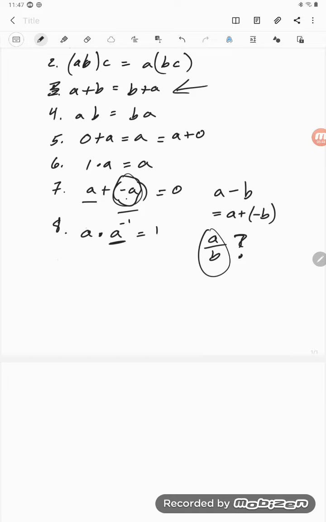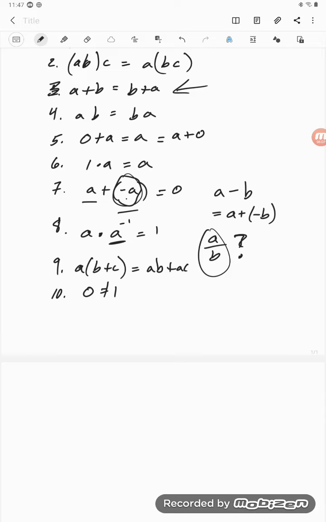And then 9, we have the distributive property. Okay, so we get AB plus AC there. And finally 10, 0 and 1 are not the same element. Okay, so those are our field axioms.